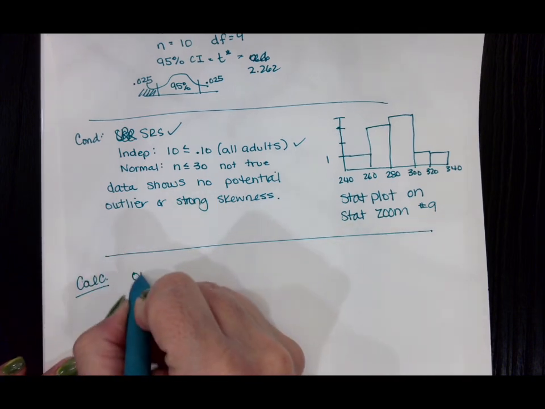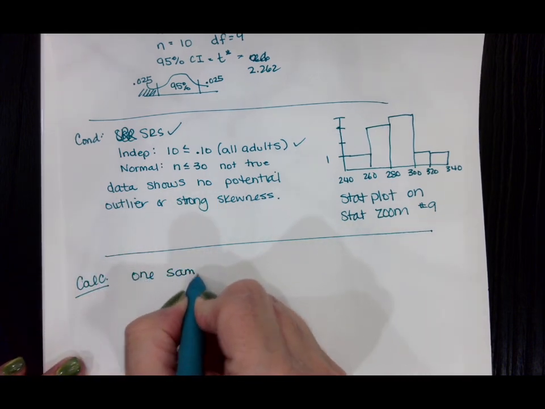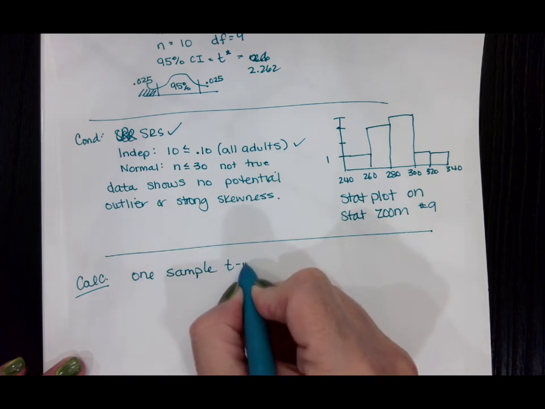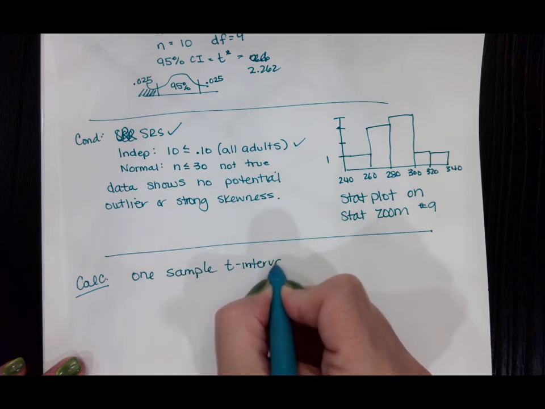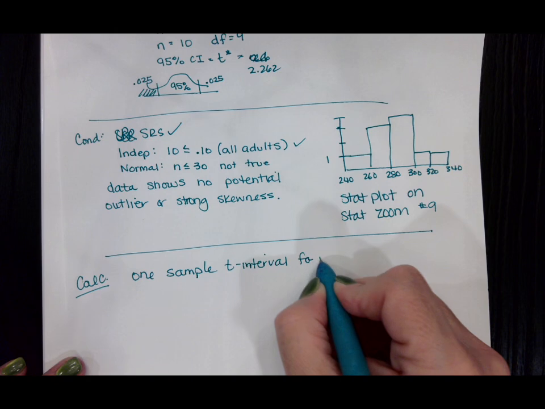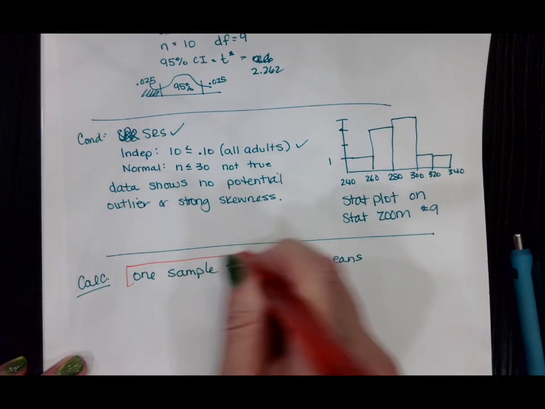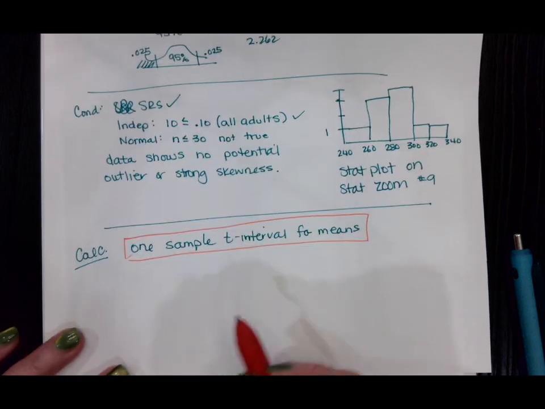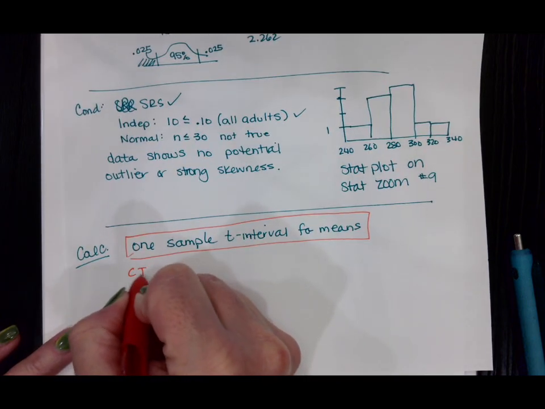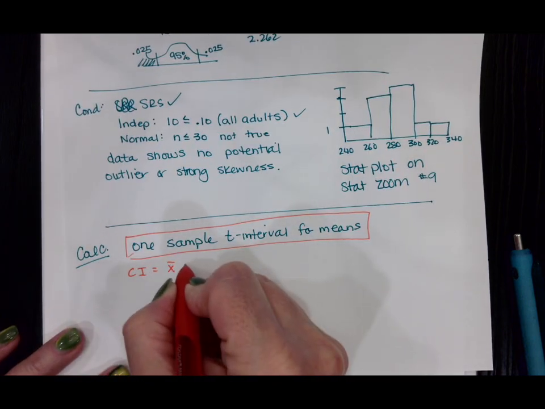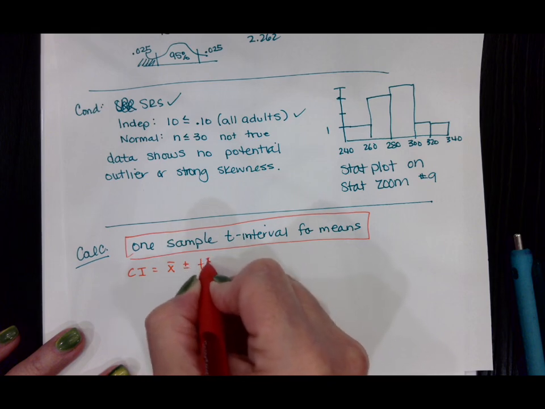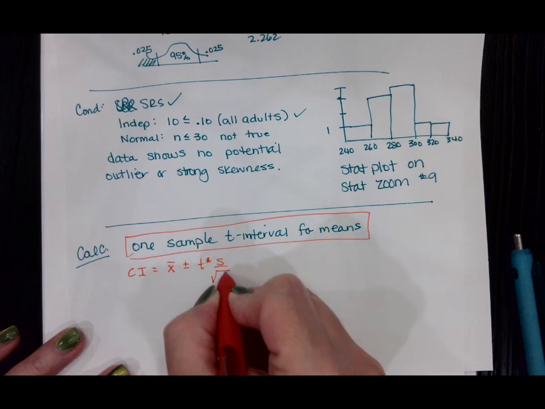All right, so let's get in here to our calc. My calc is a one sample t interval for means. Again, super important, I've got to have this. My formula is x bar plus or minus t star times s over the square root of n.